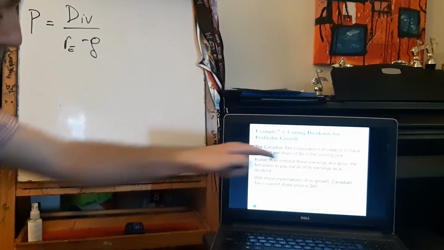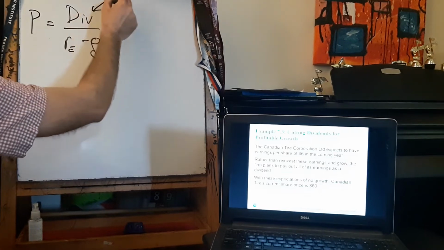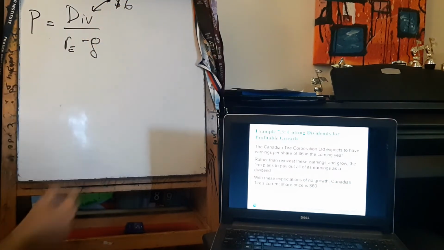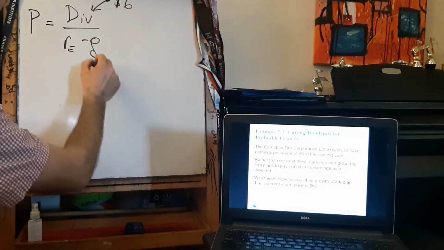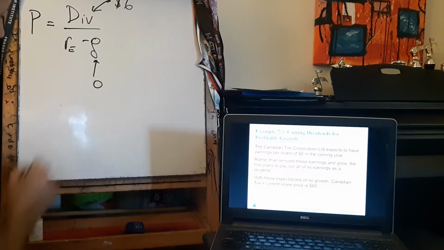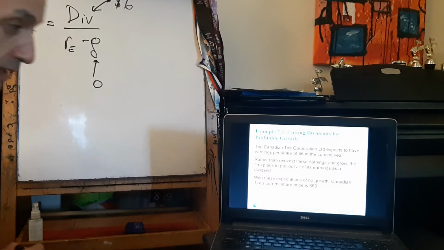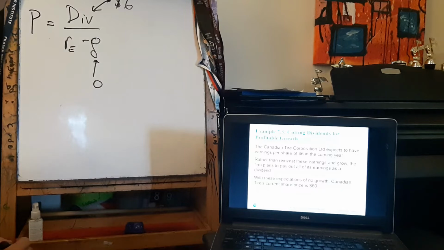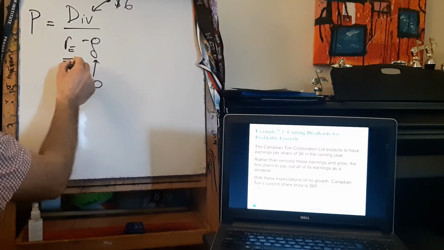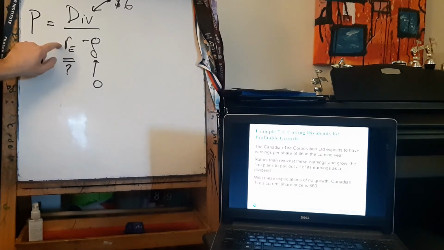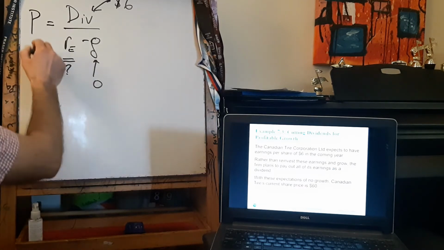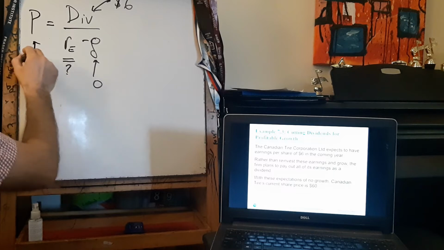Now, there's the dividend, $6 per share. We're assuming growth rate of 0, similar to our Coca-Cola example from last time. Growth rate of 0. This we don't know. That's actually what we want to figure out. Share price we do know, $60 per share.